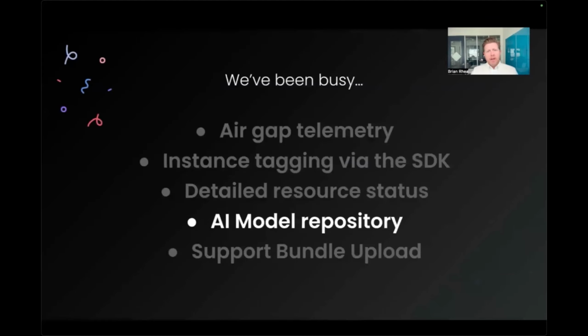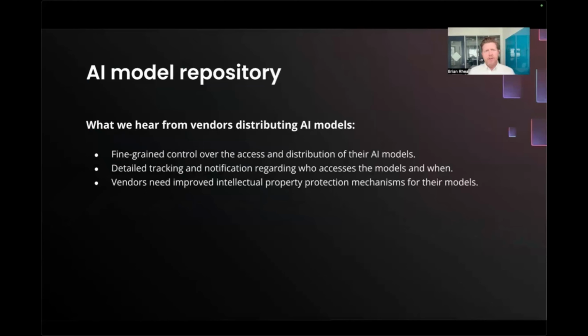Now let's talk about the AI model repository. The things that we have heard from our vendors who distribute AI models as a core part of their distribution and business is that they're asking for fine-grained control over the access and distribution of their models, detailed tracking, notification about who's accessing those models, and some additional IP protection mechanisms.